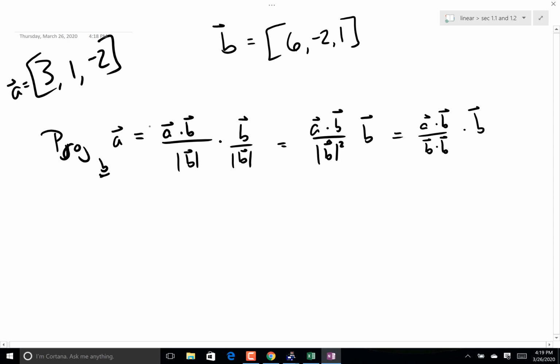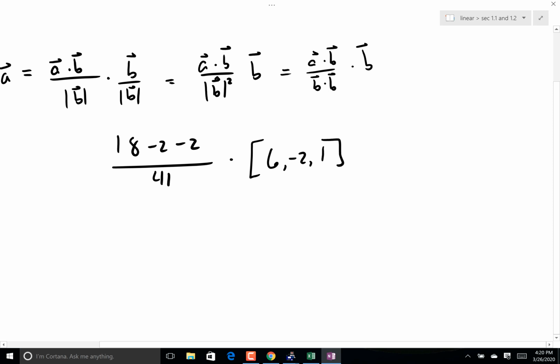Okay, so here we go. A dot B is going to be 18 minus 2 over 36, 4, 1, which is 41, times 6, negative 2, 1. So 14 over 41, whatever that is.